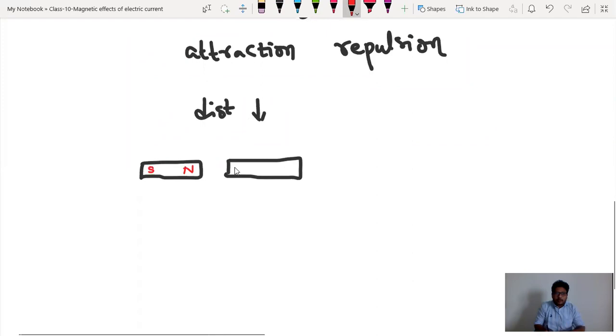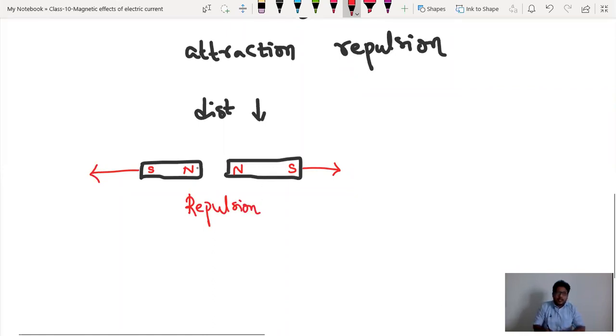For another magnet there is north pole this side and south pole this side, both are like poles, so definitely this magnet would go backwards and this magnet would go backwards, which means there will be repulsion. From basics I am talking, repulsion.